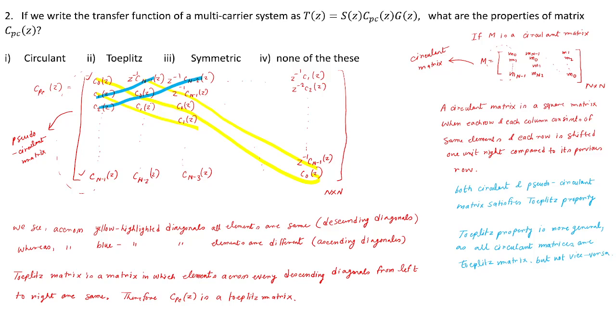So every circulant matrix is a Toeplitz matrix, but not every Toeplitz matrix is going to be circulant. An example is the matrix in our problem, CPCZ. It's pseudo-circulant, but it's Toeplitz also.